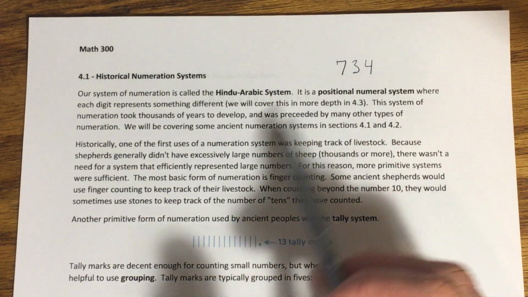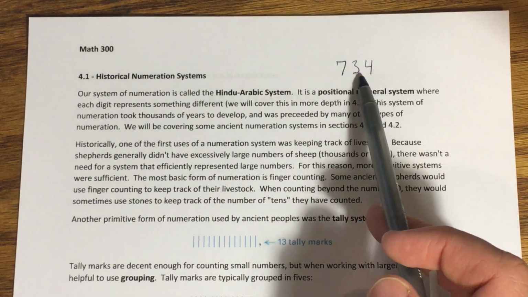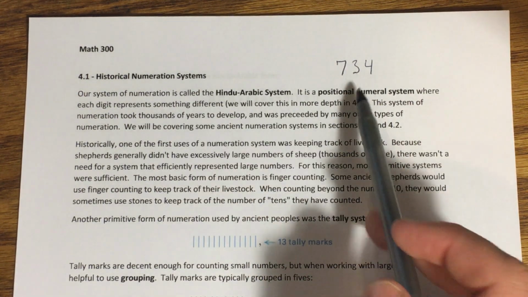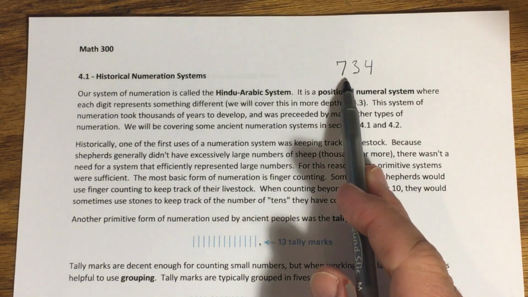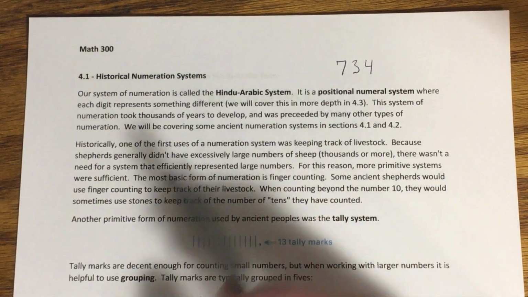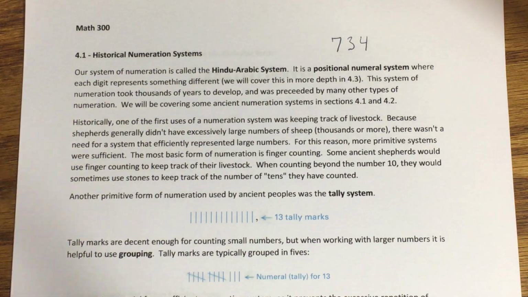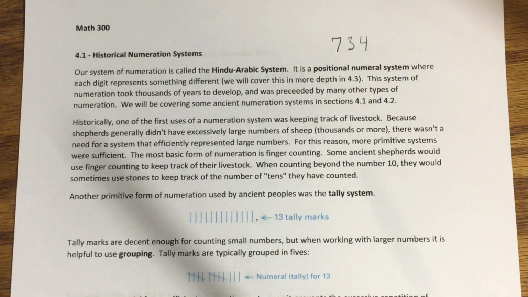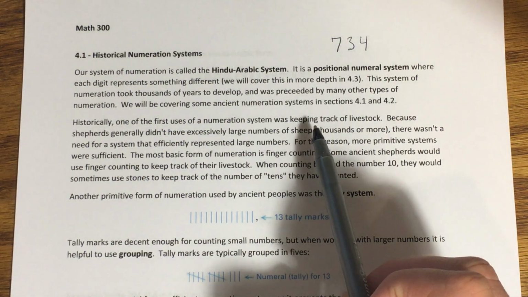This 4 here is in what we call the ones place, so this represents the number of ones in this number after considering these other symbols. 3 is in the tens place, so this represents 3 tens. 7 is in the hundreds place, this represents 7 hundreds. So each one represents groupings, which is something we talk about a lot in this chapter. Groupings of different numbers, ones, tens, and hundreds. And the position of those numerals tells us which one represents which. So that's what the positional part of this is referring to.